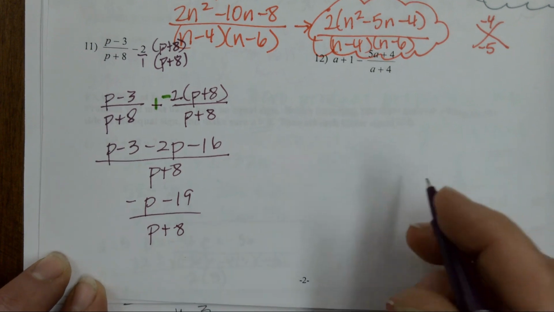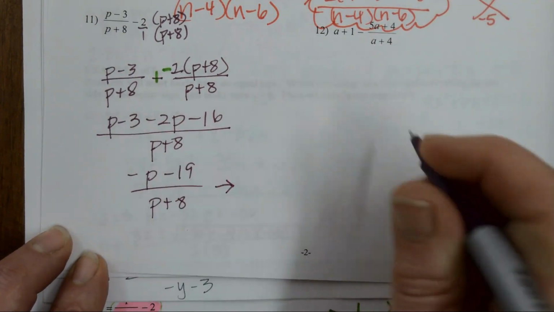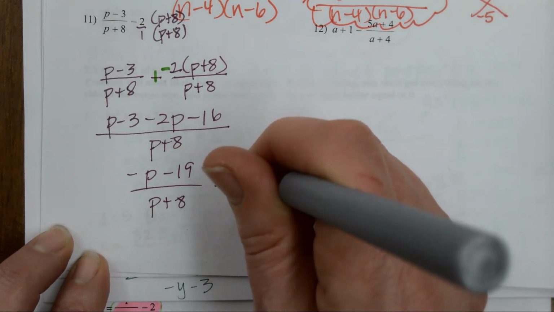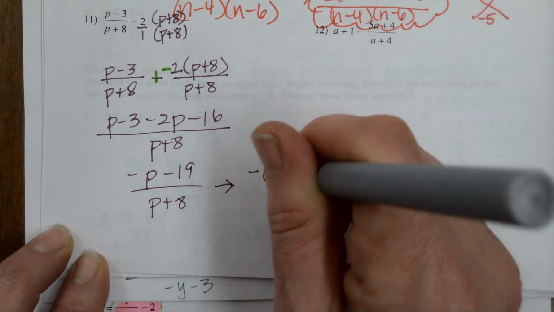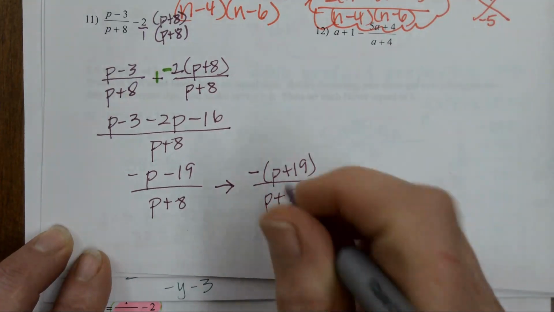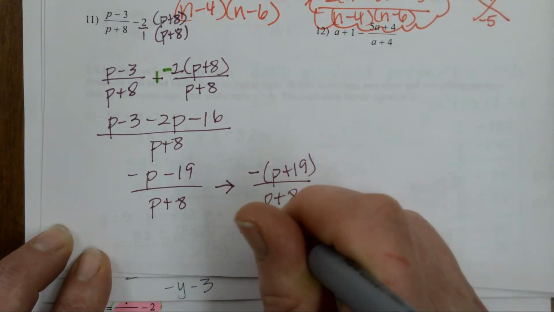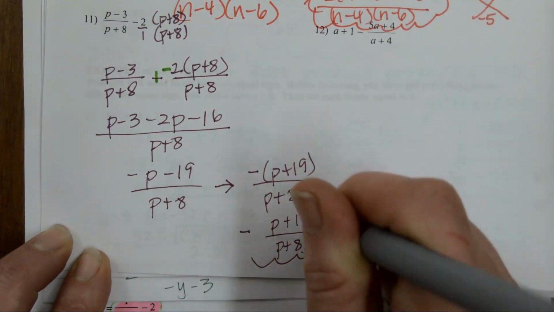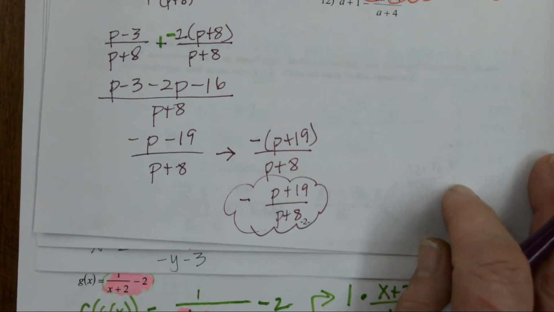Or, if I'm feeling fancy today, I can take a negative out of the top, and I can write it as the opposite of p plus 19 over p plus 8. That would be a final answer on that one.